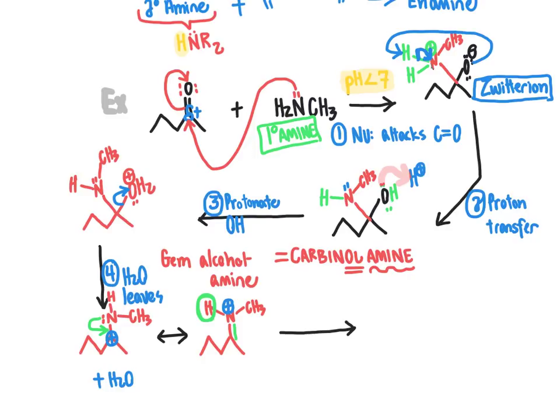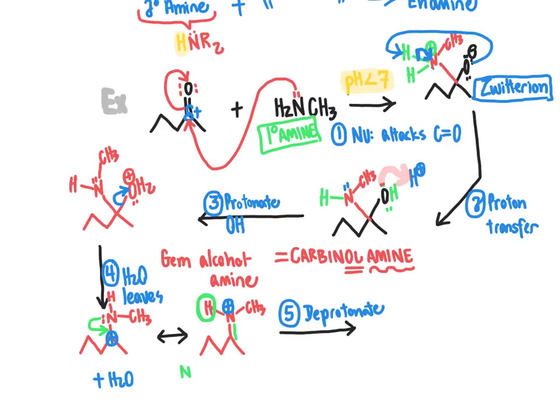So step 5 here, after that water leaving group has left, we're going to deprotonate to give us our final imine product. So we'll show whatever we like here acting as our base. We just pretty much need a source of lone pair electrons to get this reaction to finalize.